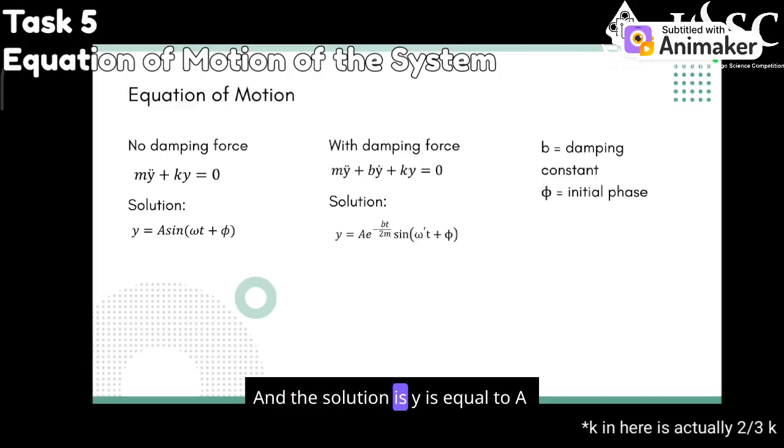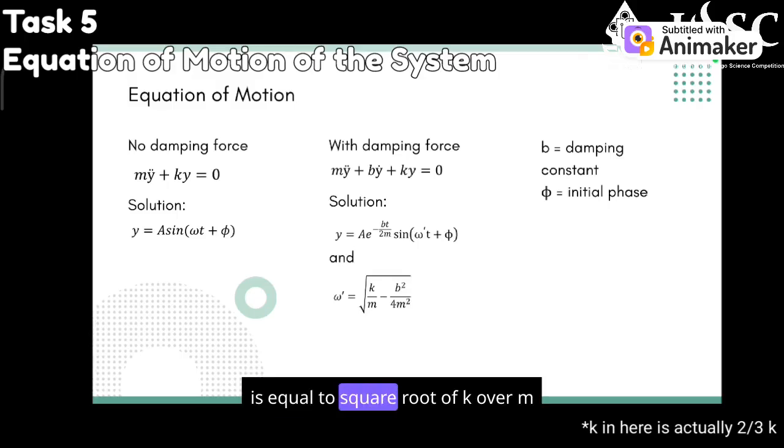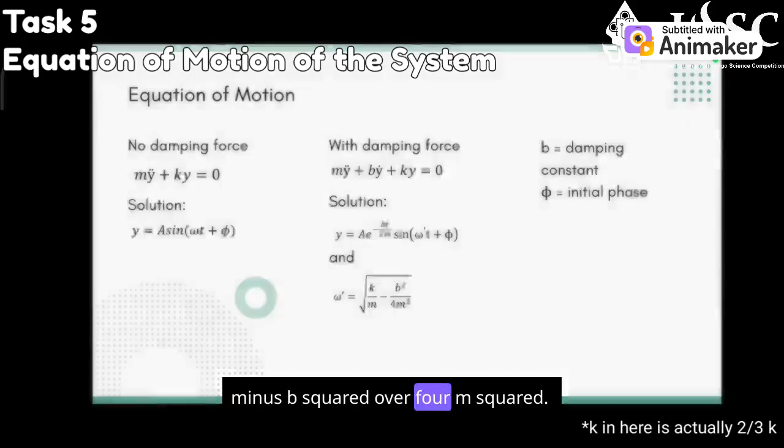And the solution is y equals A, the amplitude, times e to the minus b t over 2m, times sine of omega d t plus phi, where omega d is equal to the square root of k over m minus b squared over 4m squared.